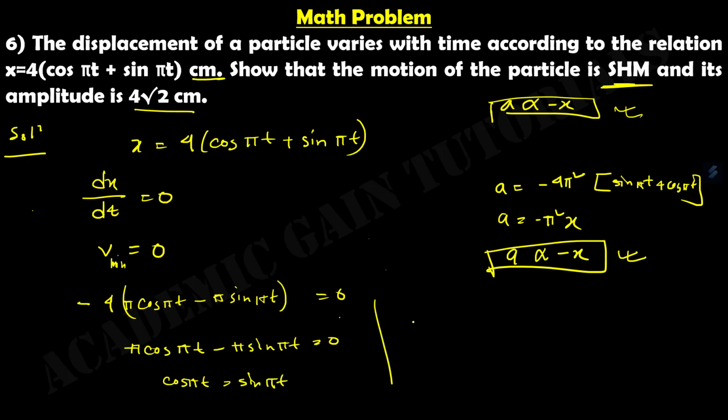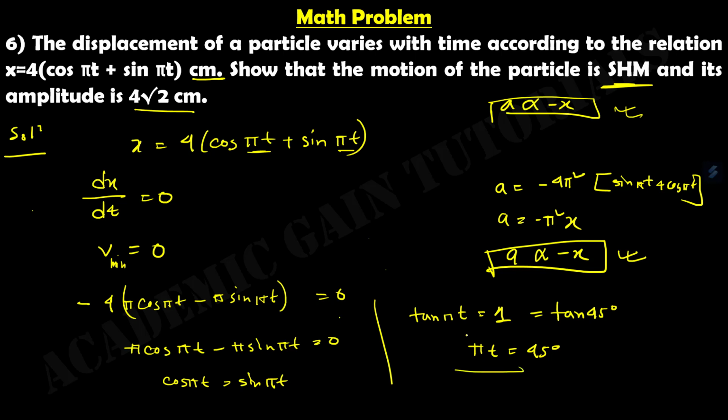From that we can write tan of pi t equals 1. When the value of tan is 1, the angle is 45 degrees. So pi t is 45 degrees.